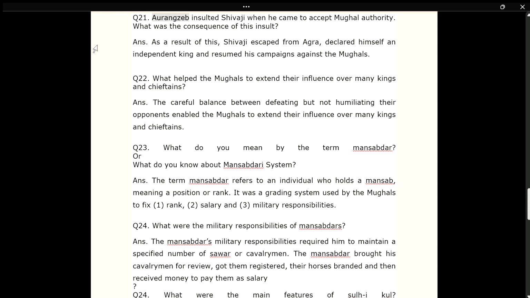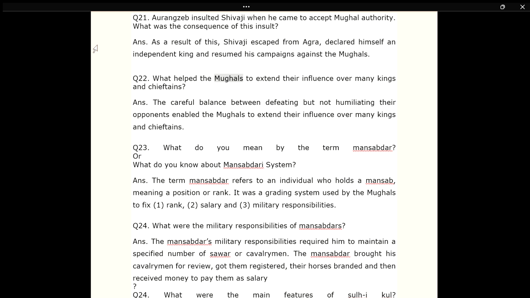Q21. Aurangzeb insulted Shivaji when he came to accept Mughal authority. What was the consequence of this insult? Ans. As a result of this, Shivaji escaped from Agra, declared himself an independent king and resumed his campaigns against the Mughals. Q22.